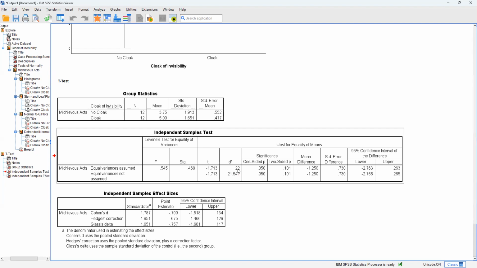In our case, we're just starting with the two-sided p-value, or two-tailed alpha test. This significance value is 0.101. And that's above our criterion of p less than 0.05.